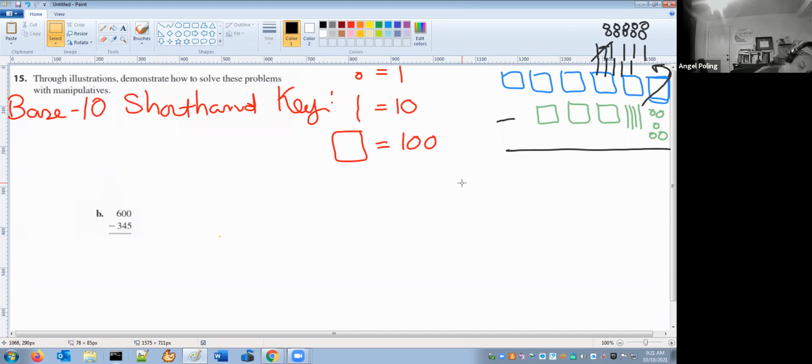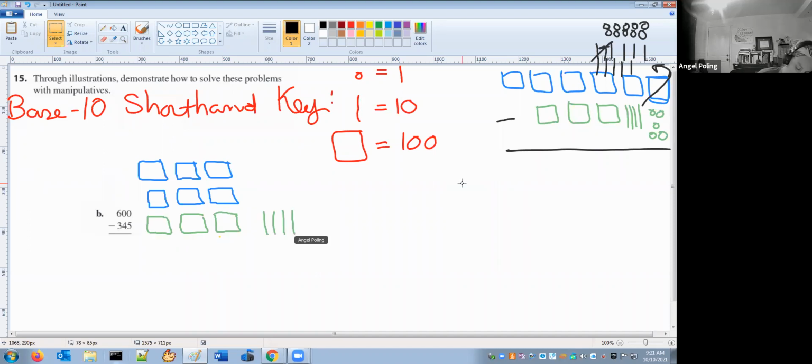So 1, 2, 3, 4, 5, 6, and we are trying to take away 3 hundreds, 4 tens, and 5 units.